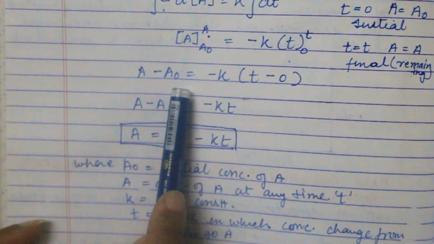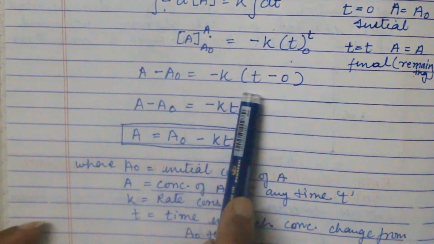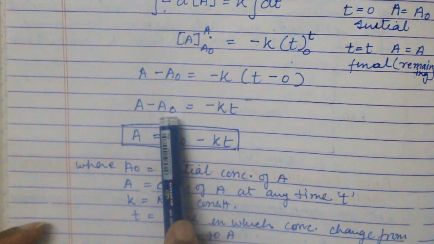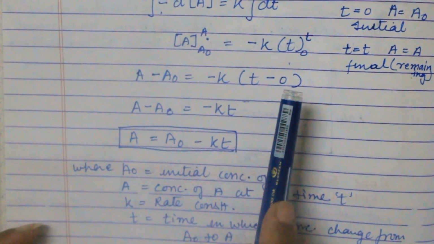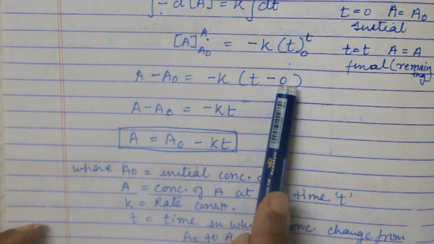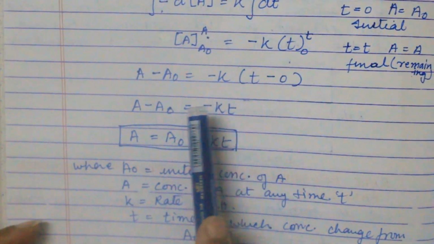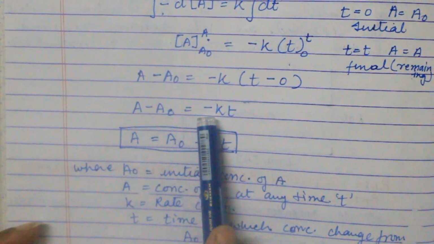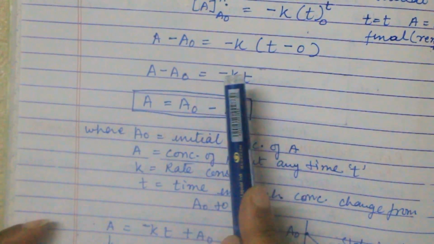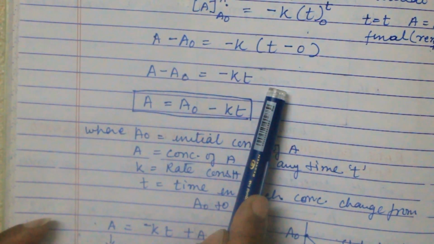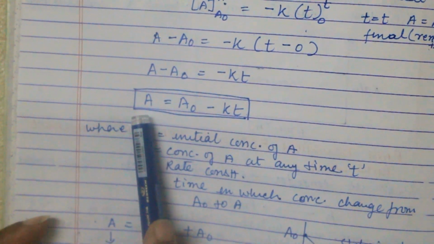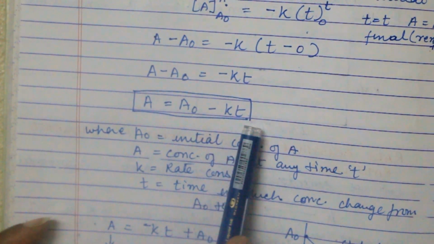Then A minus A naught is equal to minus k t minus 0, and the 0 is removed. So A minus A naught is equal to minus kt. When A naught goes to the other side, the expression becomes A = A naught minus kt.